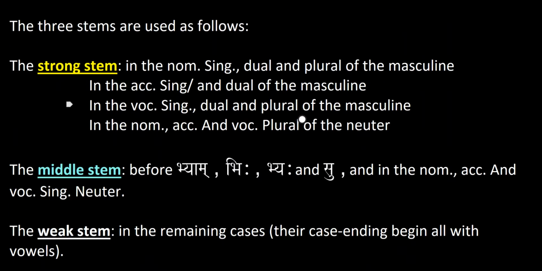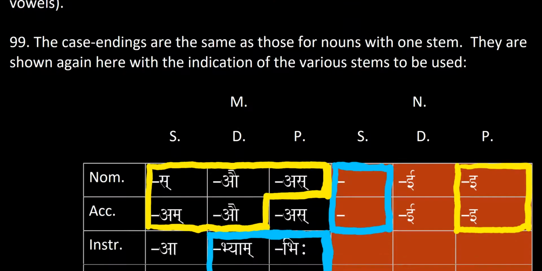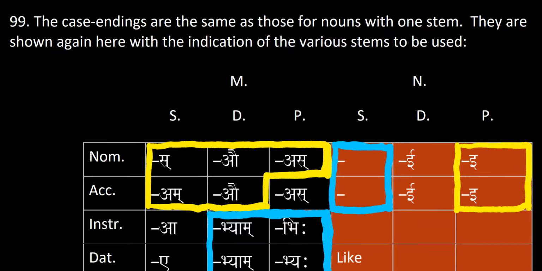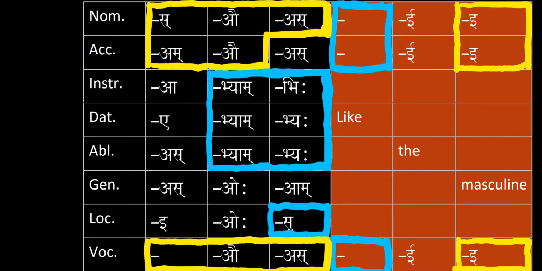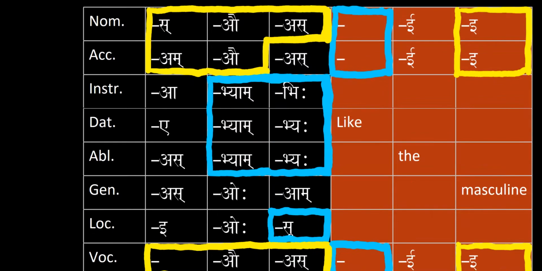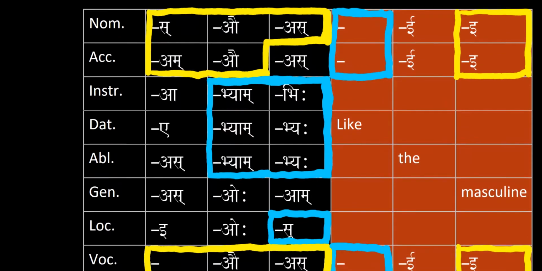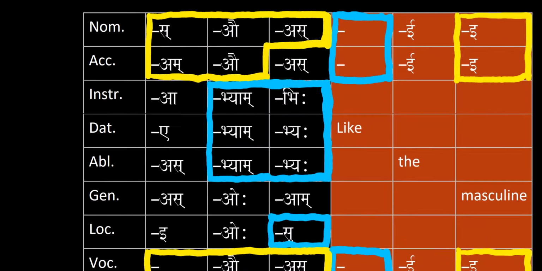So three stems are used as follows. You have the same case endings as we had for nouns with one stem. But as you can see, two things are highlighted in different colors, because the yellow represents the strong stem, and the blue represents the middle stem.